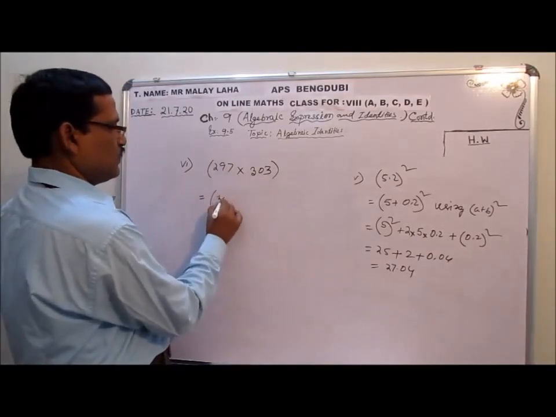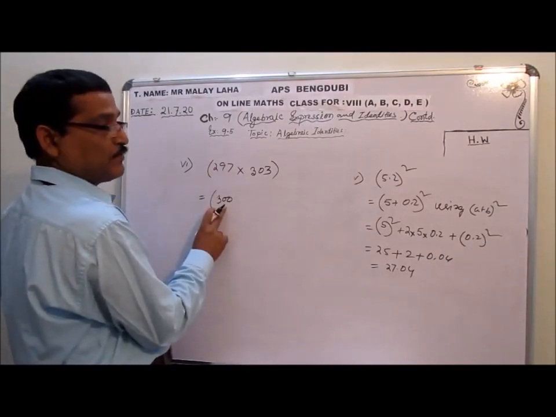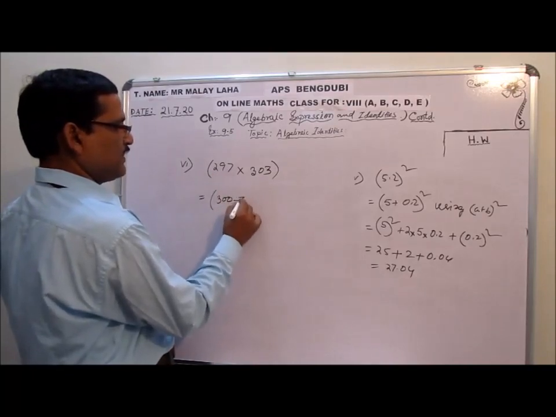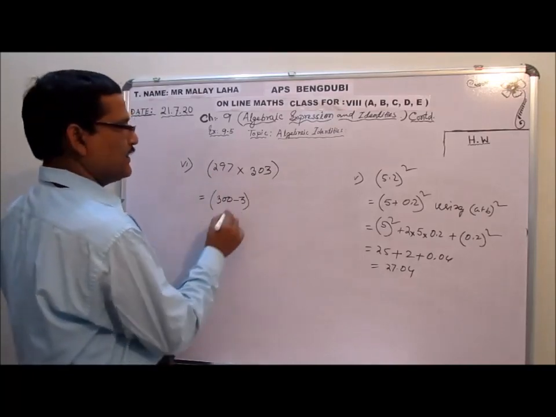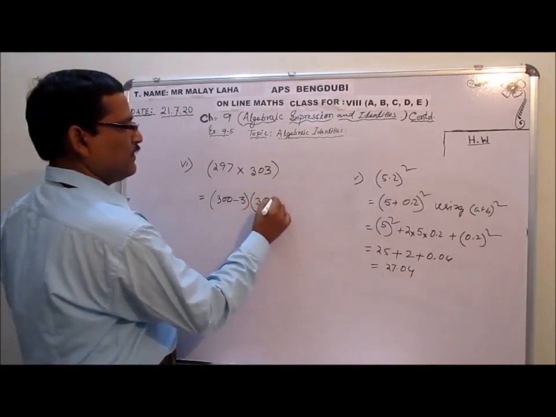300. So instead of 297, I have written 300. How much have I written more? 3 more. So 297 can be written as 300 minus 3. Got the idea? Multiplication sign. And 303 can be written as 300 plus 3.